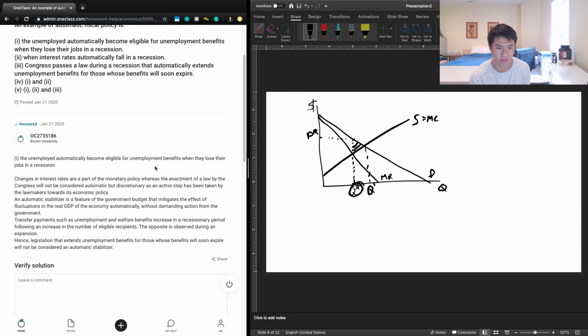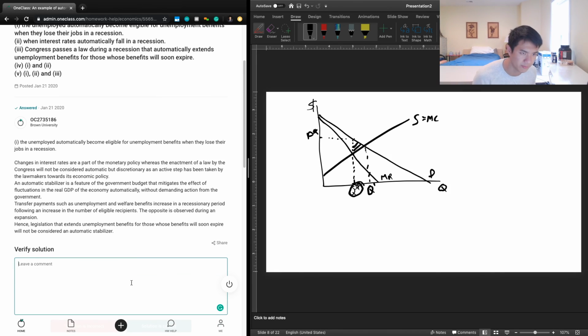Legislation that extends unemployment benefits for those whose benefits will soon expire will not be considered an automatic stabilizer. So yeah, I think this hits all the relevant points on the head. It defines automatic stabilizers, which is what we're talking about, and draws that line between automatic and discretionary and fiscal and monetary. So great answer.